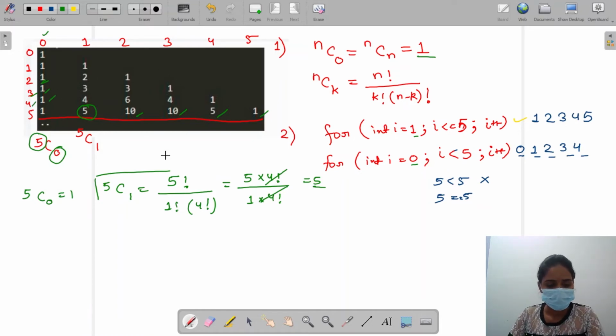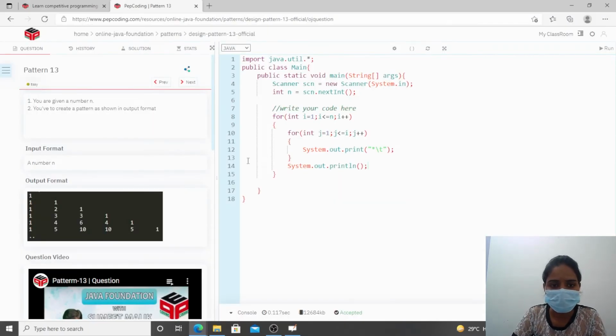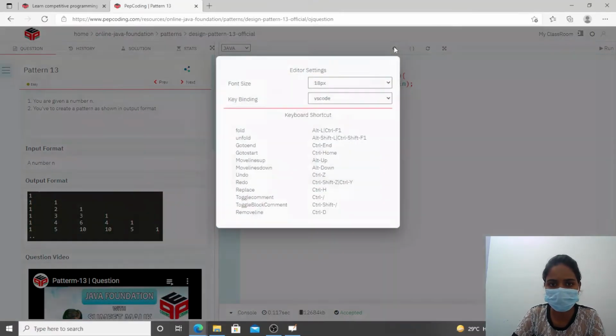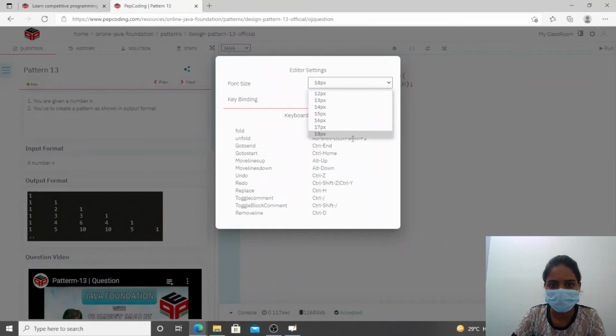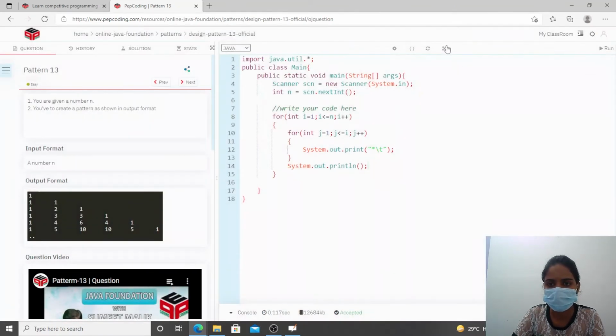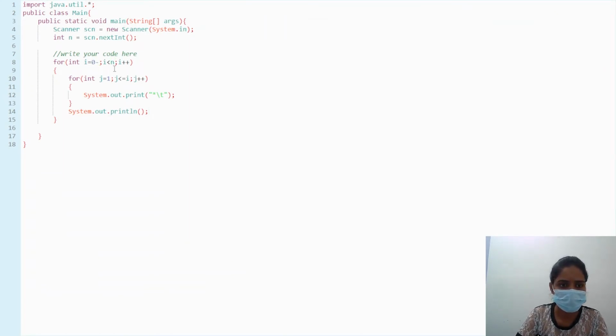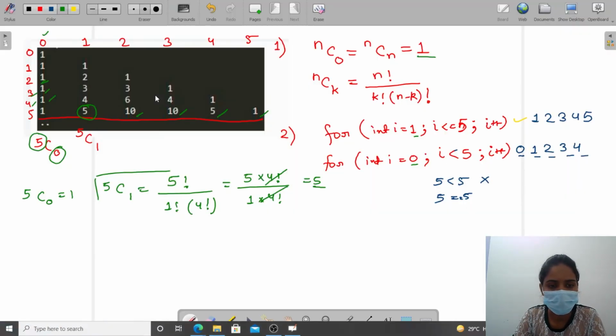So this time I have to start my for loop from 0, less than n. J should also start from 0. Instead of printing this star, what should I print? I have to print the value.